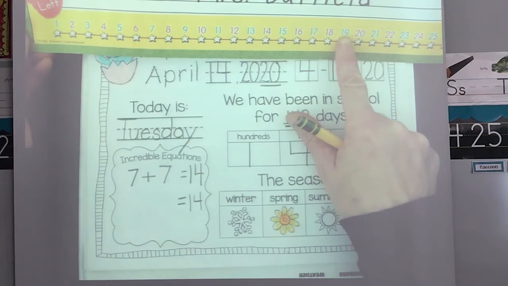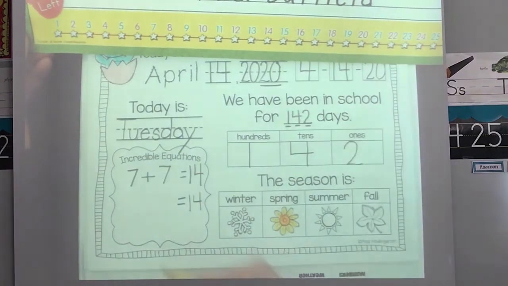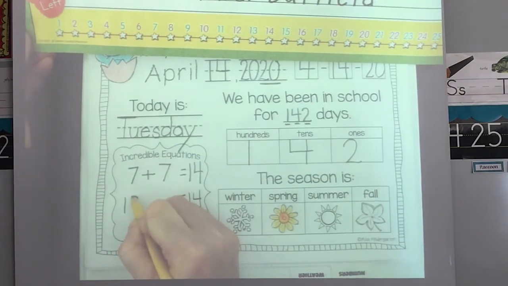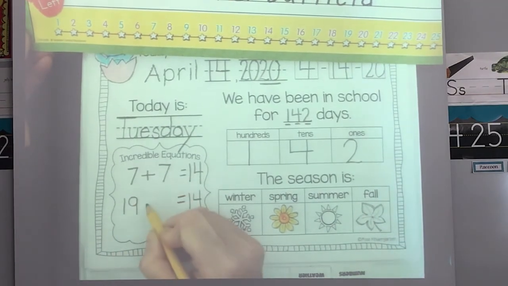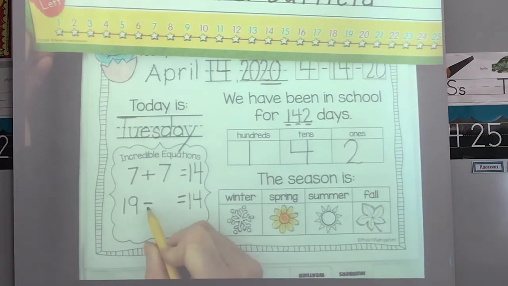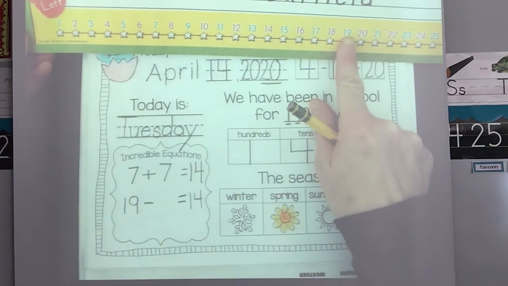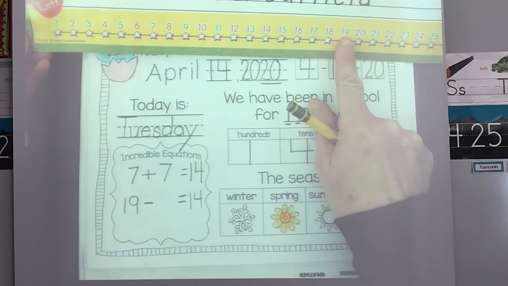So my finger just naturally landed on 19. So I'm going to start with 19. We've been doing, and we're subtracting, so here's our symbol for take away, minus, subtract. And then how many do I need to take away to equal 14?